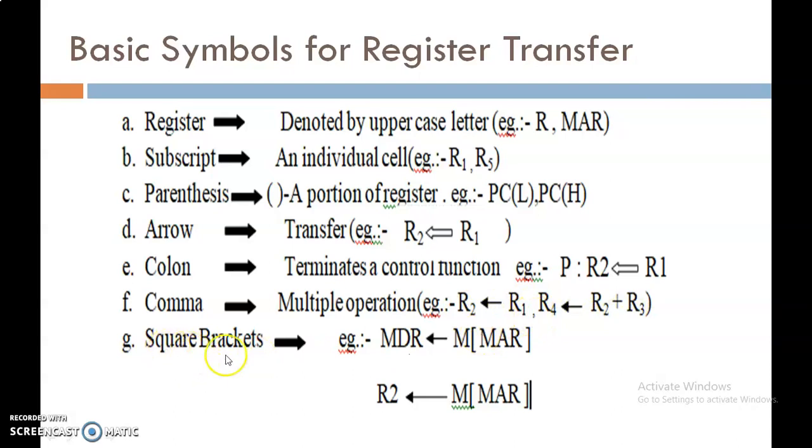And last is square bracket. Whenever the memory address register is used, it is written in square brackets. So first operation is the contents from memory at the memory address register are stored into MDR, memory data register, and second is the contents from memory at the memory address register are stored in register R2.